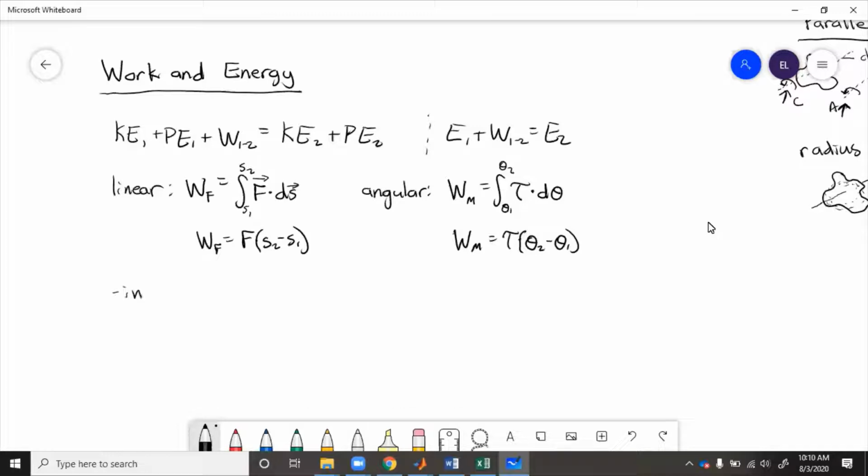Now, internal forces do no work. It's only external forces. And then the works add as scalars.